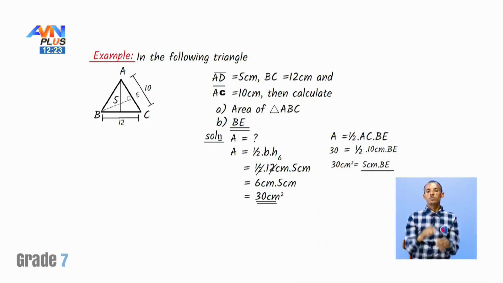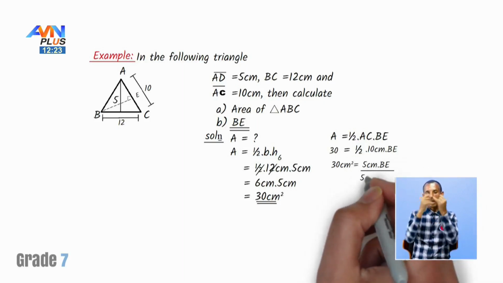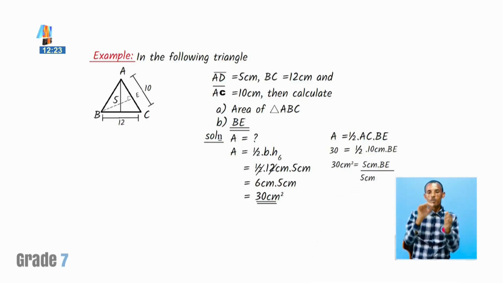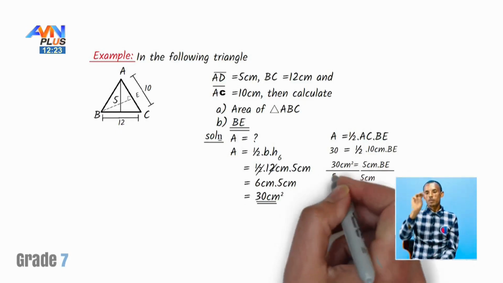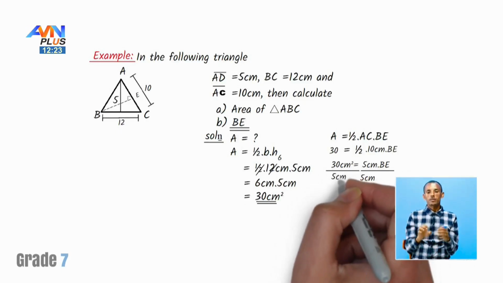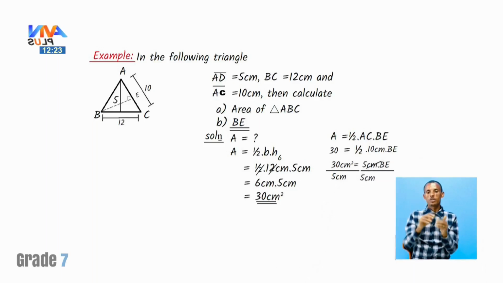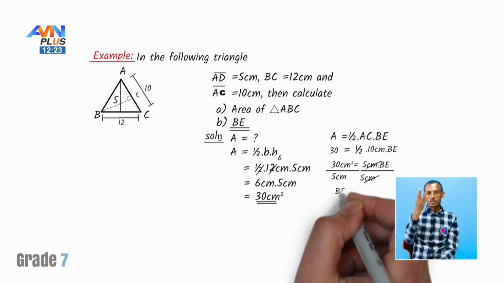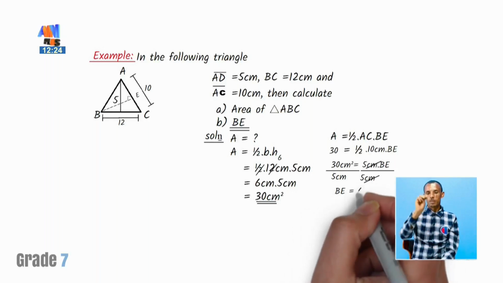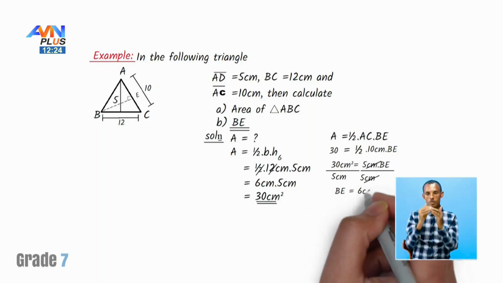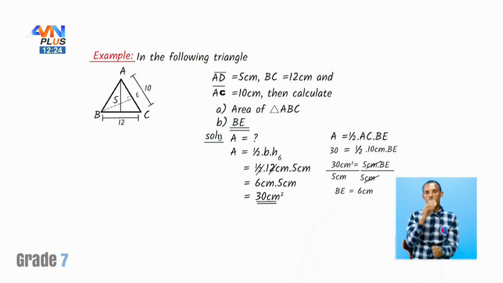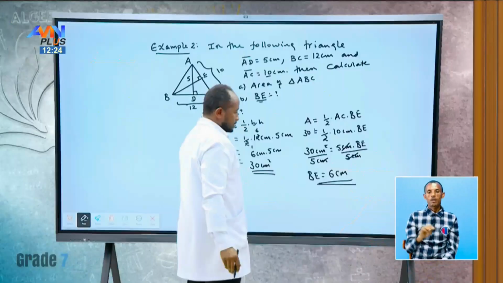So to calculate BE, divide both sides by 5 centimeter. This cancels out. BE is equal to 30 divided by 5, which is 6 centimeter square divided by centimeter. 1 centimeter cancels out, and you will have BE equal to 6 centimeter.